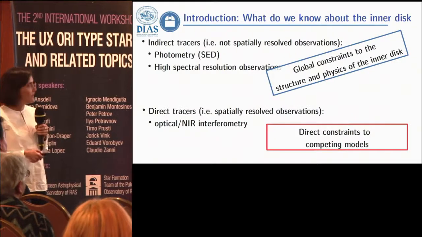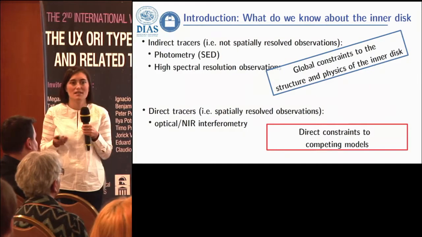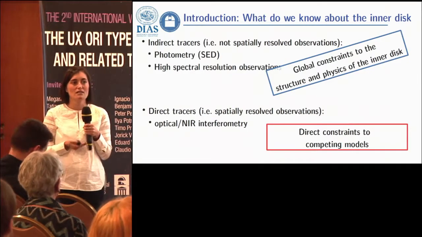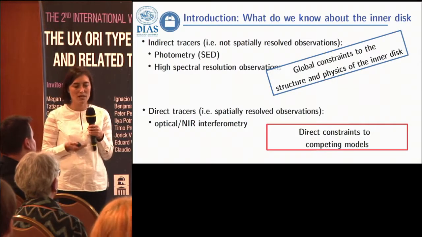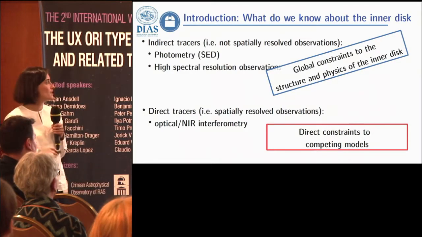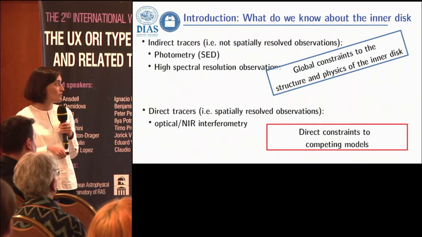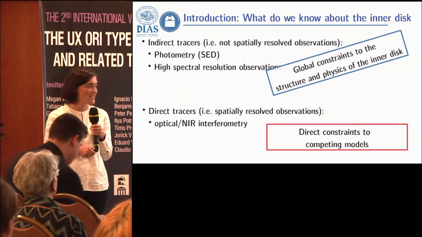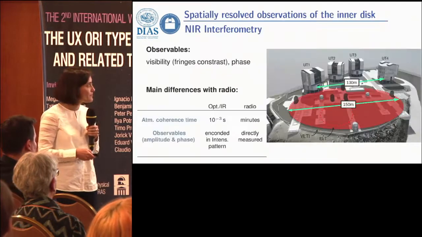However, these indirect tracers, as I call them, so not spatially resolved observations, can only give you global constraints. If you want to really constrain models, what you need is direct tracers, so spatially resolved observations, and unfortunately that can only be done using optical interferometry.